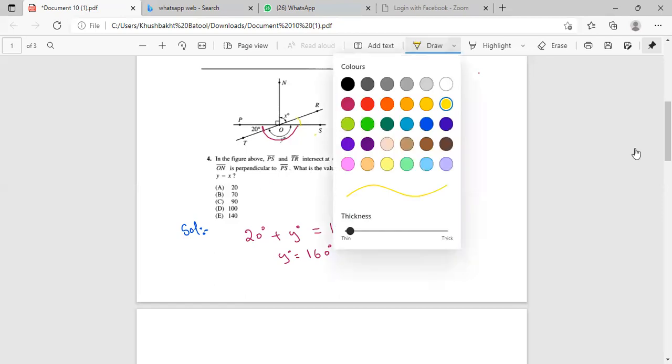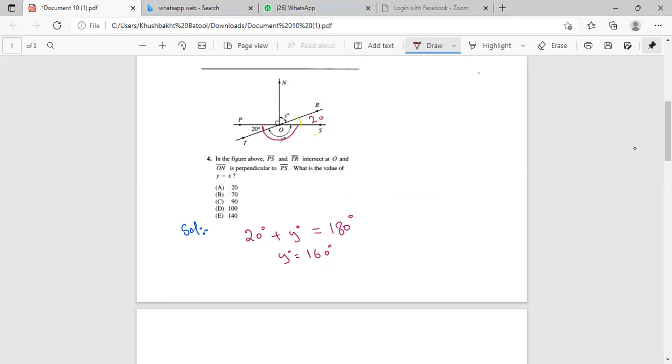So this would be 20 degrees. And since ON is perpendicular to PS, this whole angle is a right angle, it is 90. So using the concept of complementary angles, x degrees plus 20 degrees is 90 degrees. So x would be 90 minus 20, that is 70.